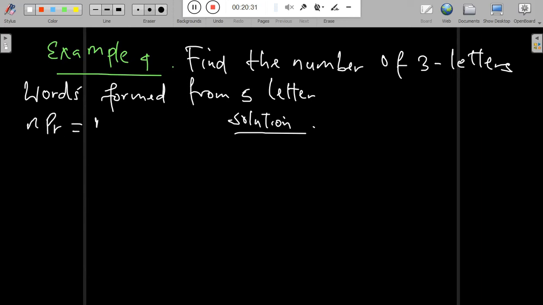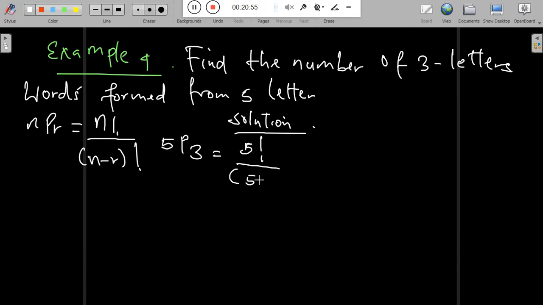From our formula, the number of permutations is n factorial divided by (n minus r) factorial. So we take 5P3, which is 5 factorial divided by (5 minus 3) factorial. The answer will be equal to 60.